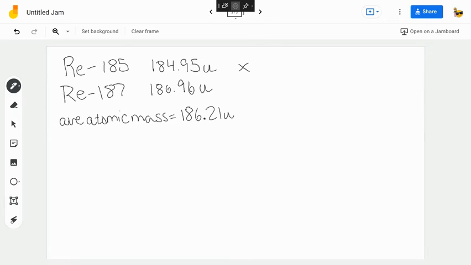So let's call one X and one Y like we would do in math class. And we are looking for abundances, so we know that X plus Y is going to equal 1. Abundances as a decimal add up to 1. Abundances as a percent would add up to 100. So we know that X plus Y equals 1.